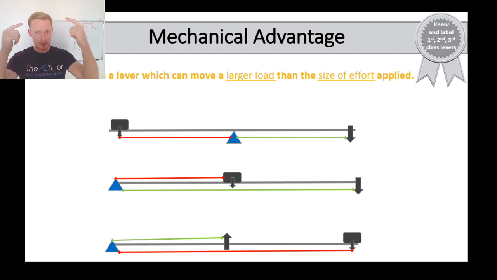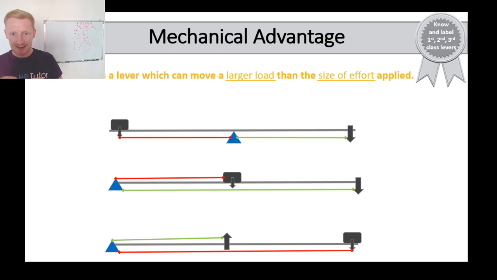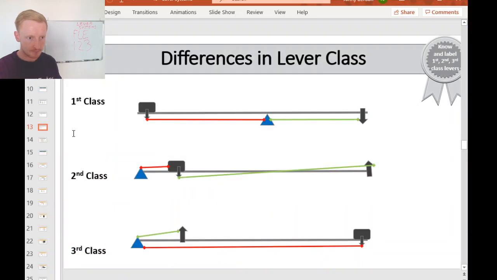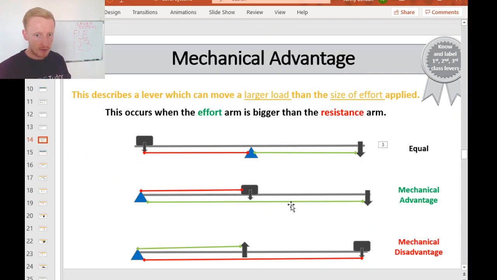So if we go back to that person trying to move the box, because of the way that they set their lever up, so if I quickly jump into this one, this person, or option 1, they put that fulcrum really close to the load, to the box, creating a really short resistance arm.